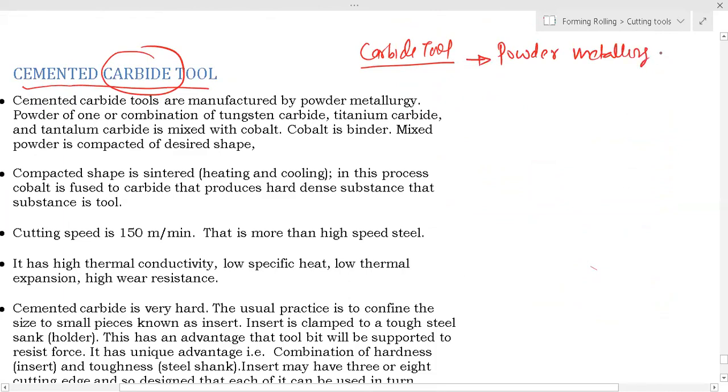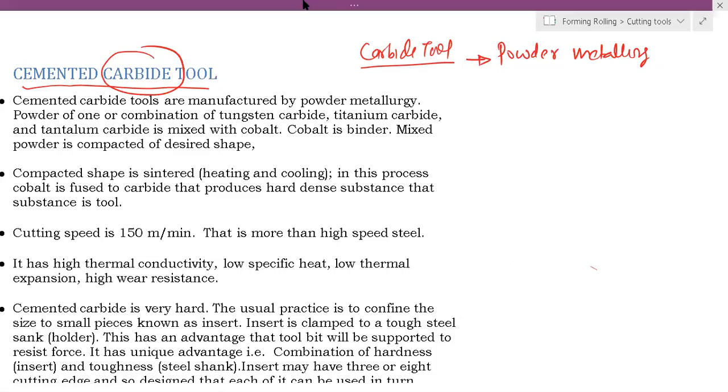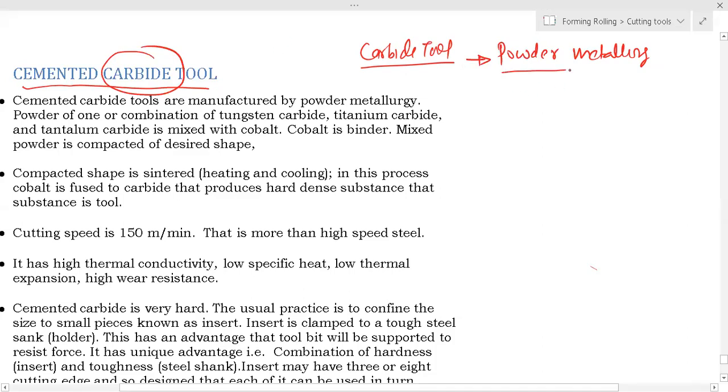Powder metallurgy is a manufacturing process used where you cannot cast the material, formability is not possible, and machining is also not possible. Then we go for the powder metallurgy process.